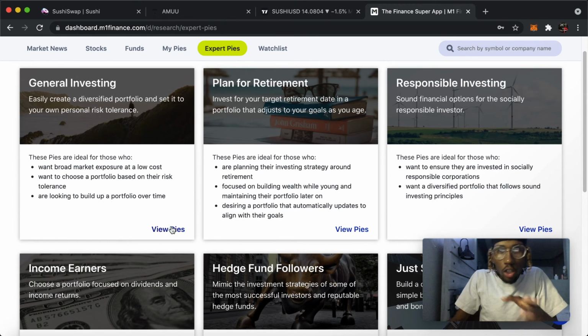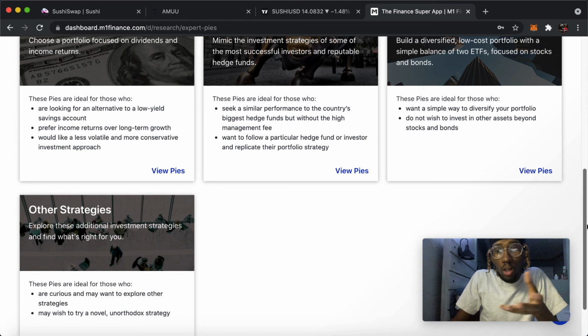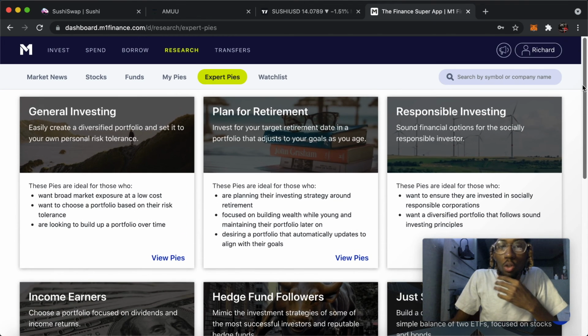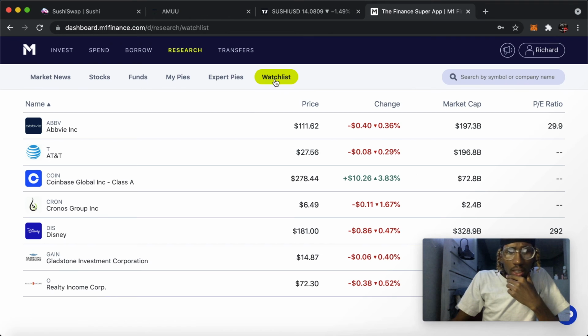So you can scan through this and look through different things and see what they've got on here. That's if you want to, or like myself, you can create your own pie. Now, I would create my own pie because it's better to follow. You lead you better than anybody else could, right? Depending on the individual.